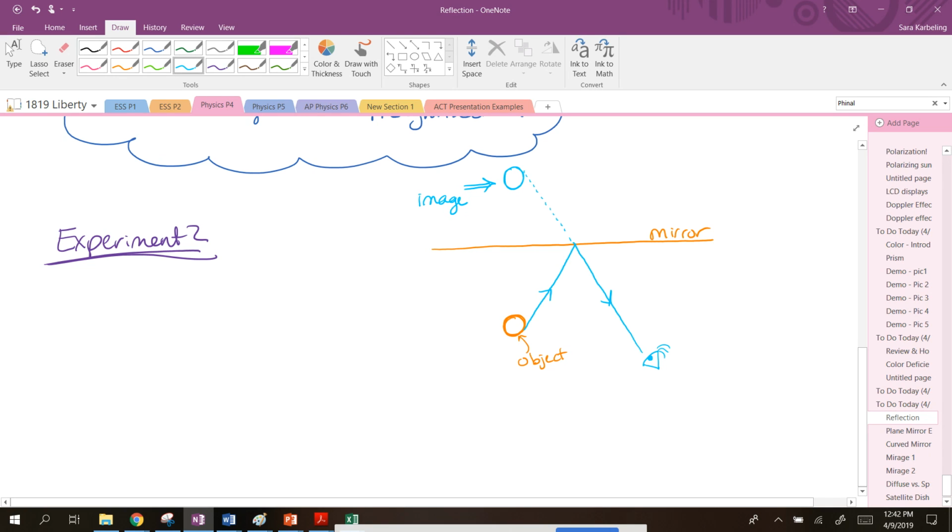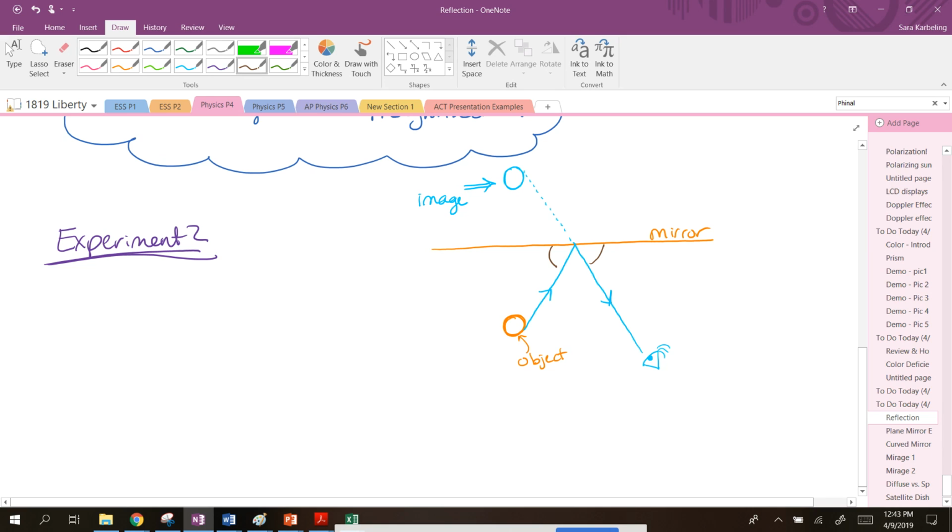And you measured these angles, didn't you? Because that's what I asked you to measure. So you measured this angle here, and you measured this angle here. And what did you learn? What did you find out? They were the same. Now, if I put my head in a different place, then the angle in and out are going to be different than this example.